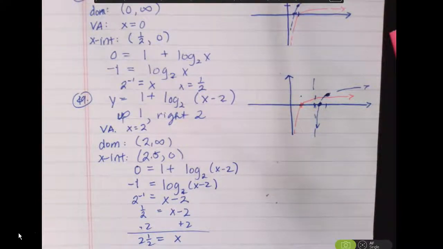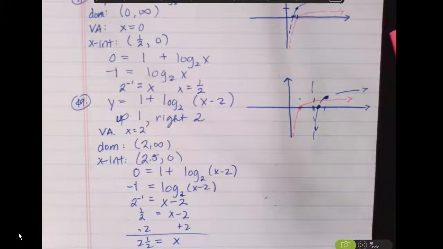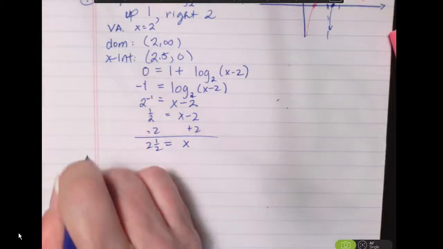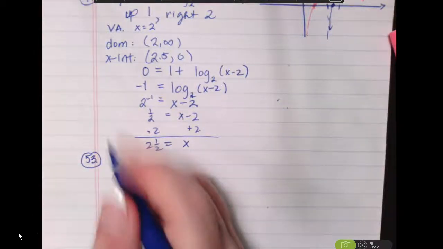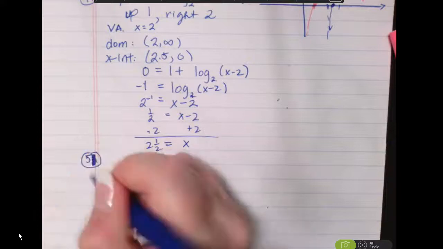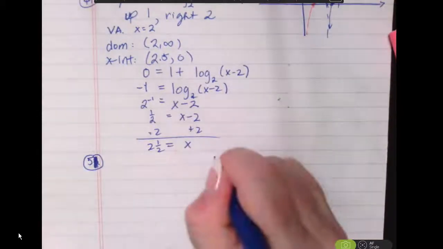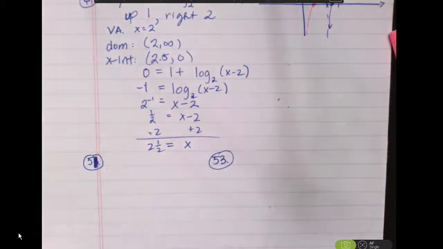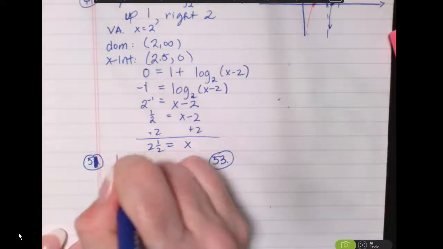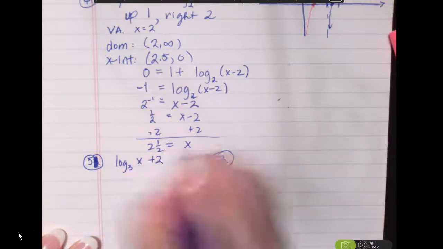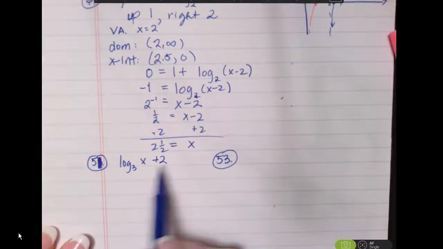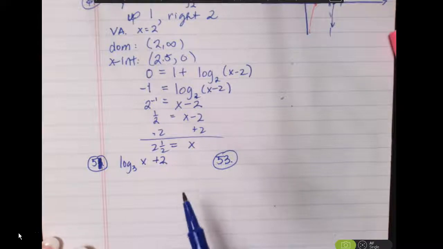Alright, so how far do I have to go? To 53 odd. Oh, I skipped 51. Alright, so 51. Oh, good, we just have some matching here. So 51 and 53 are matching graphs. If I look at 51, it's log base 3 of x plus 2. So it should be the parent function shifted up 2.